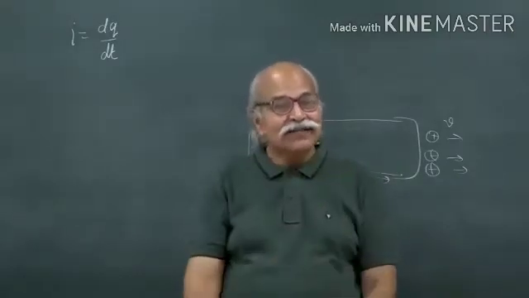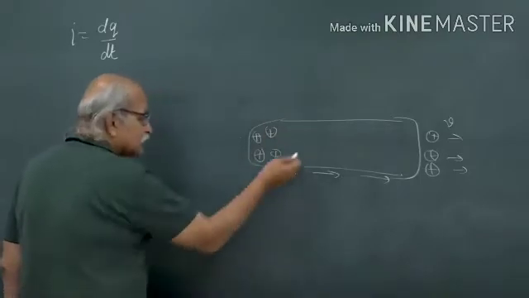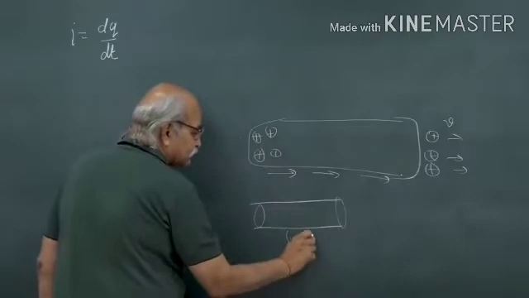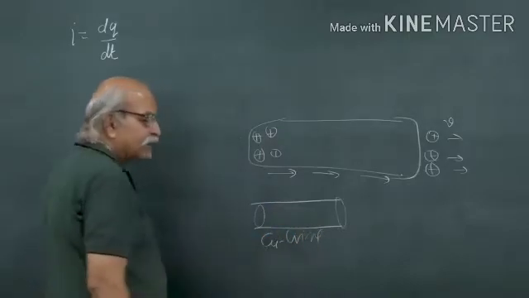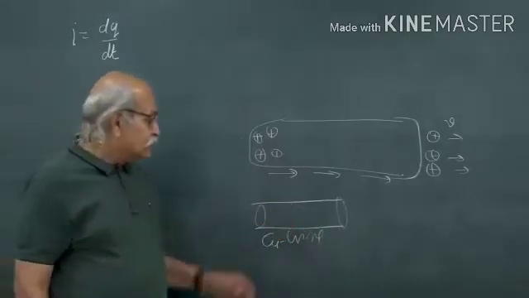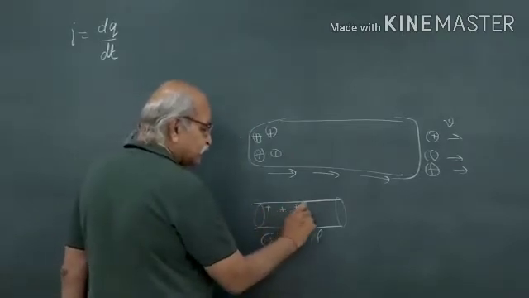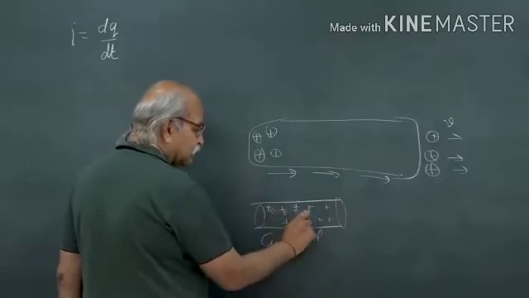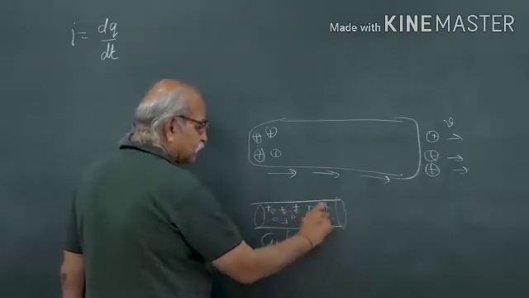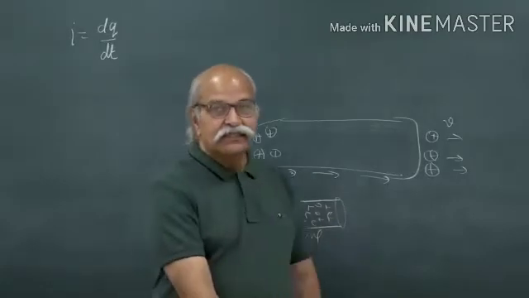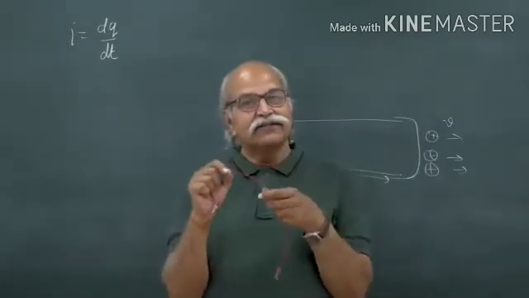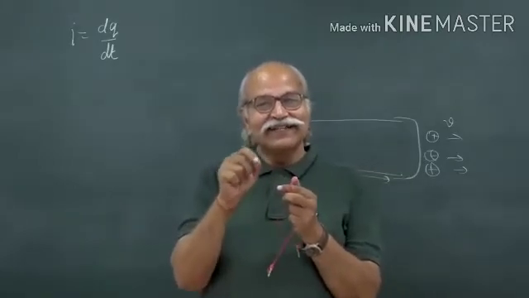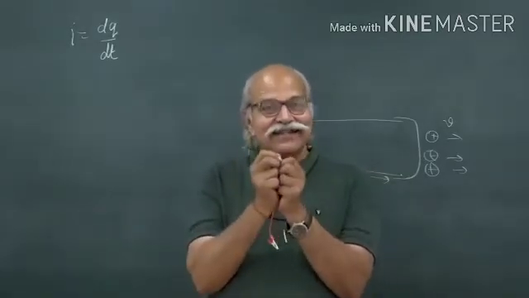Let us say this is a piece of copper wire, a metallic wire. It has many positive charges, and also the electrons. This copper wire inside has many copper ions and electrons, copper nuclei.